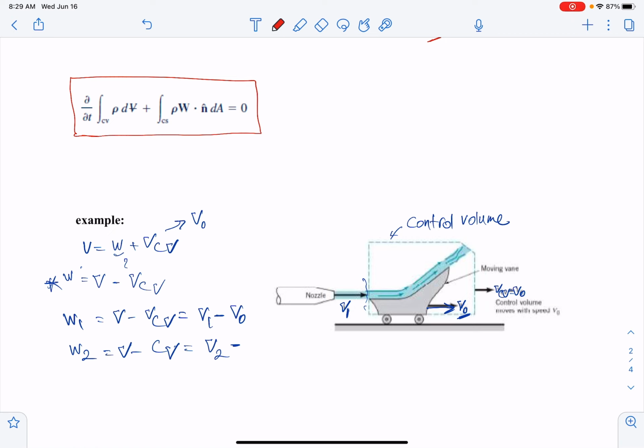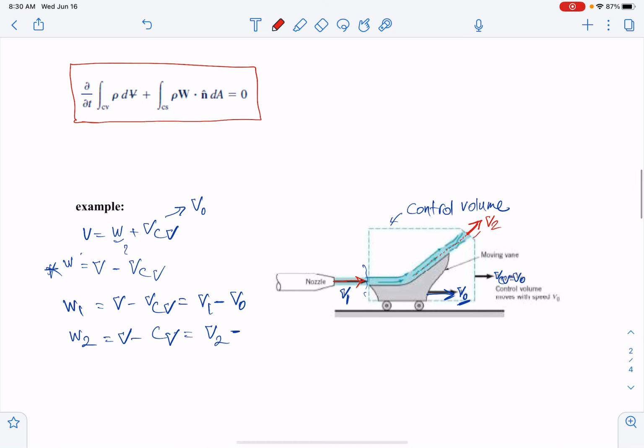So we have one fluid that is coming here, and if we just follow the fluid, it's coming out of the system right here. And then we also consider the W2 here, and let's consider W1 right here.